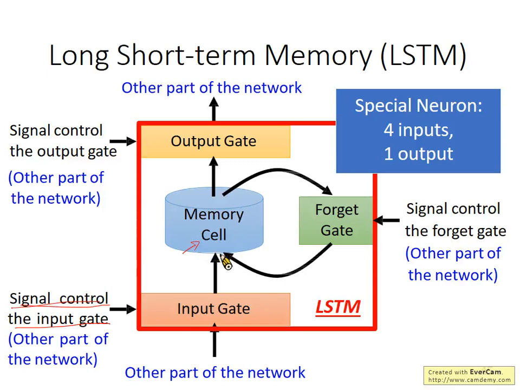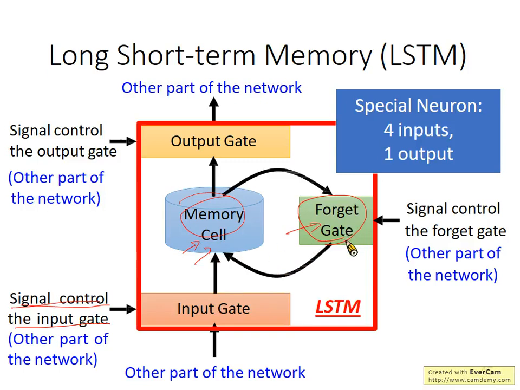We will process the input information and the memory information. However, there is a mechanism called forget. There is a gate called the forget gate that controls whether we can read the memory out and do the process with the input.